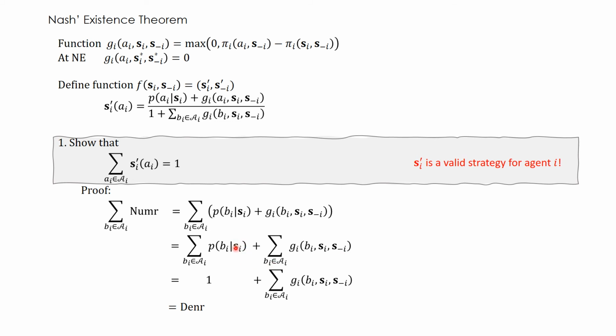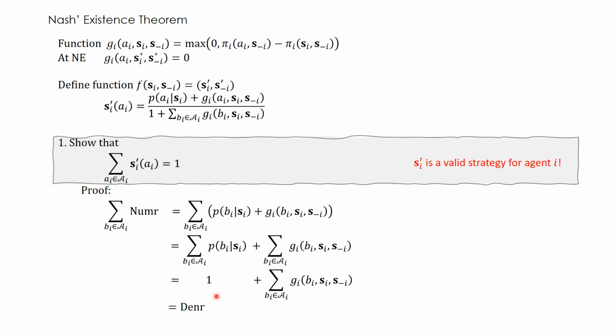Now we know that SI is a valid strategy for agent I. Therefore, the sum of its elements should equal 1. So we have a 1 here. The sum of the probabilities of picking each action is equal to 1. And this is the second term, this summation here.